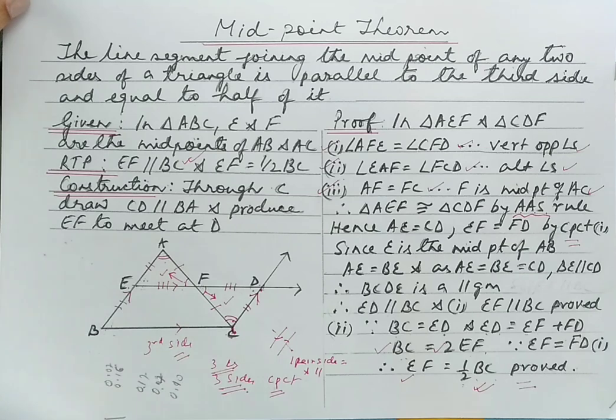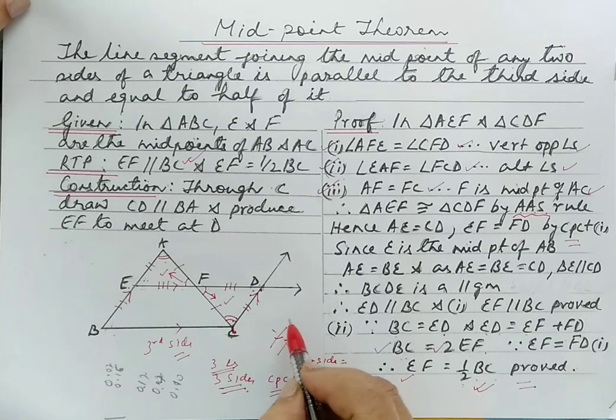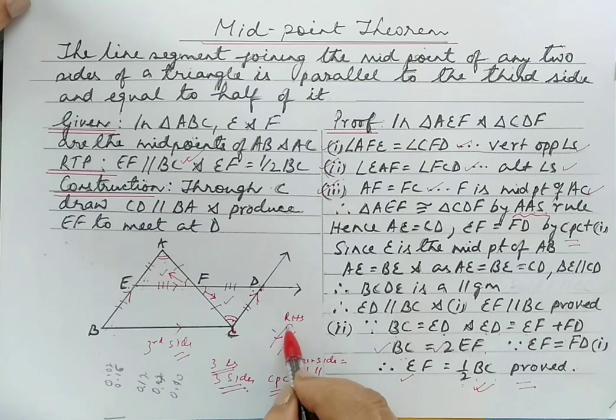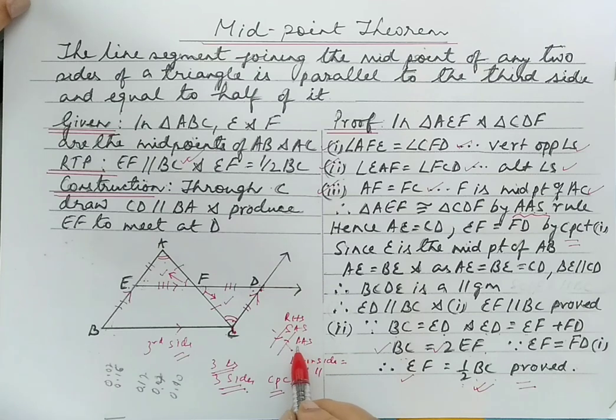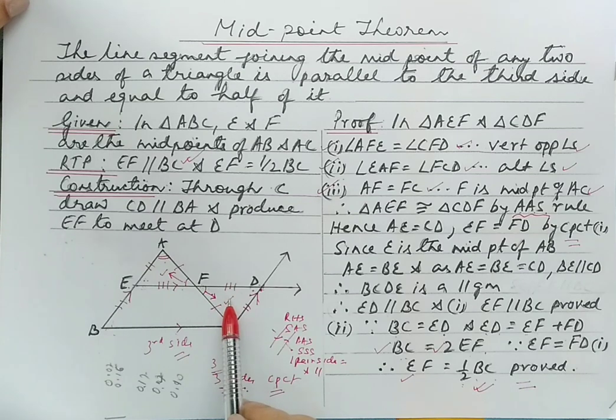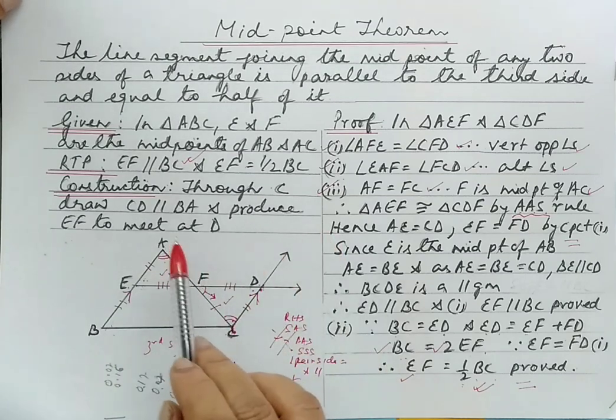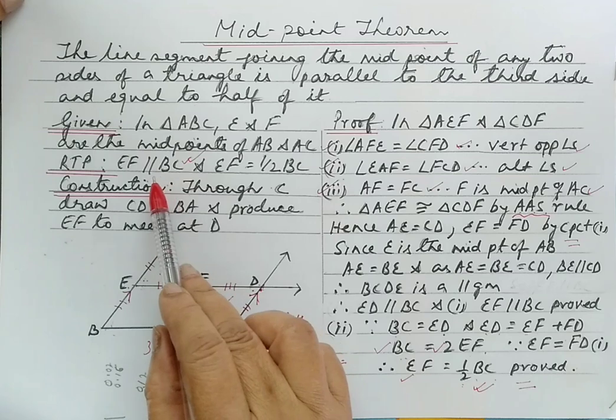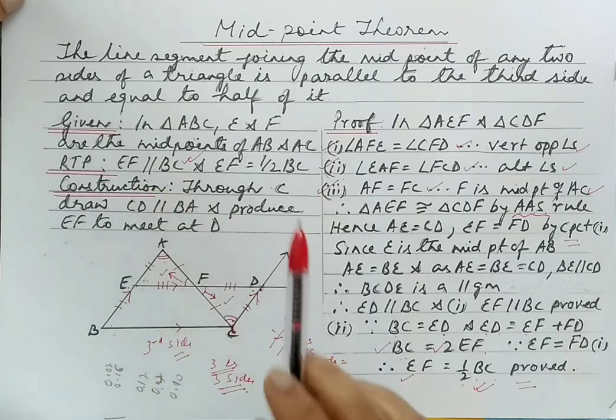As you know, in congruency we use conditions like RHS, SAS, AAS, you can write this ASA also, and then we have SSS. As simple as this. So in this case we'll consider this and this to prove our congruency. Doing so, we'll get certain elements which can help us in proving our contention or RTP, right?